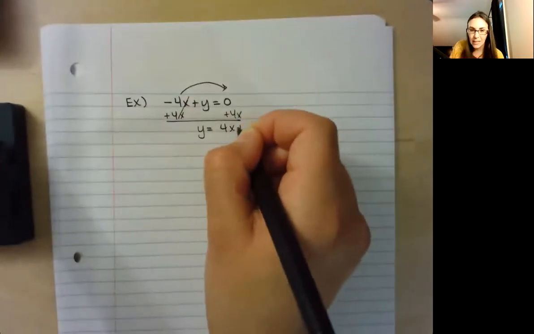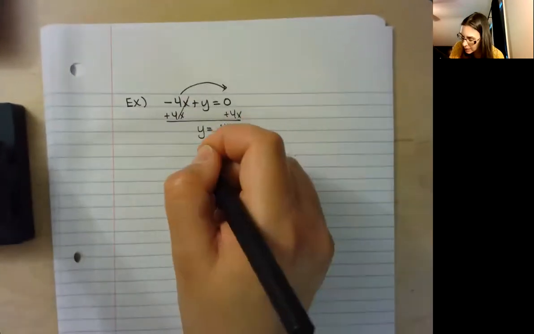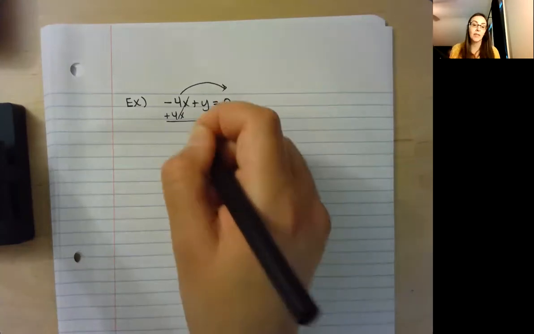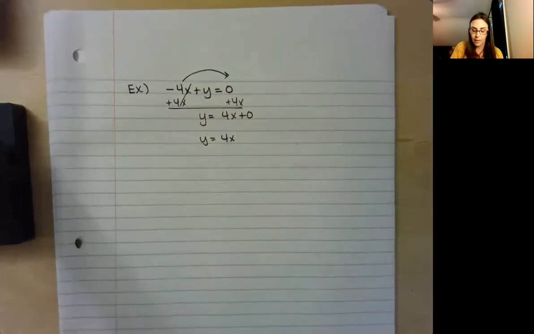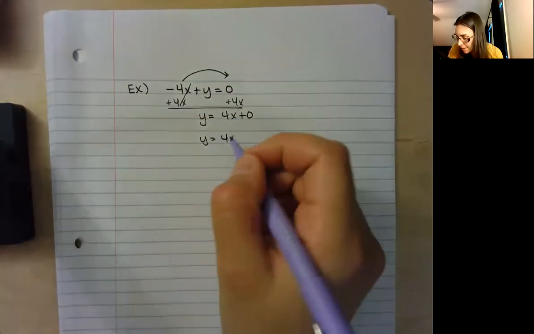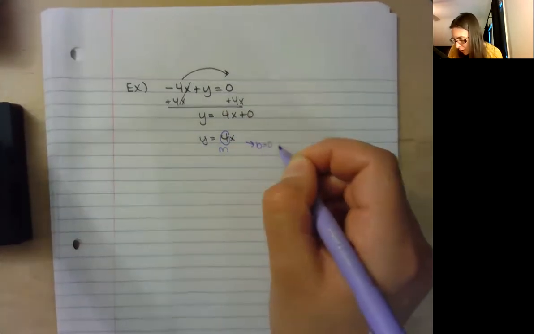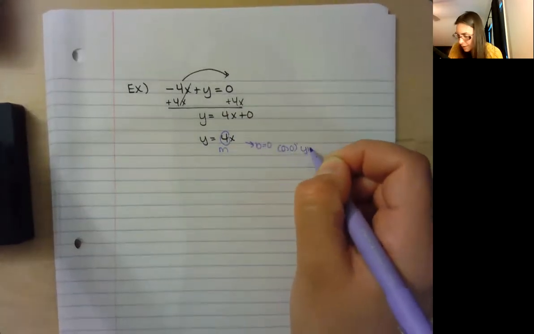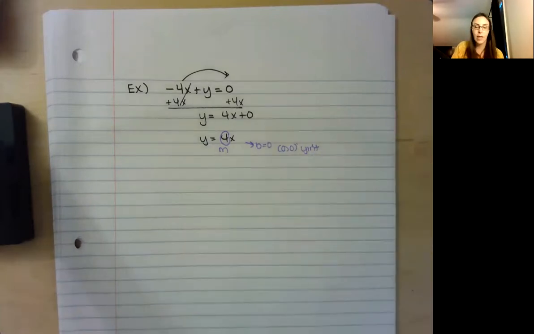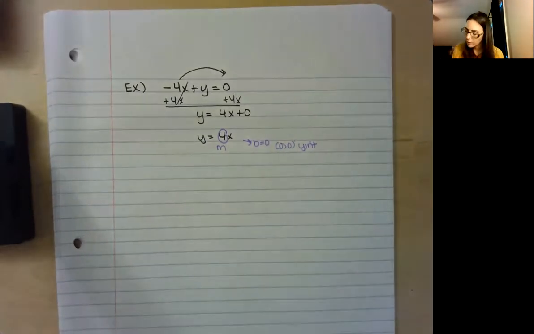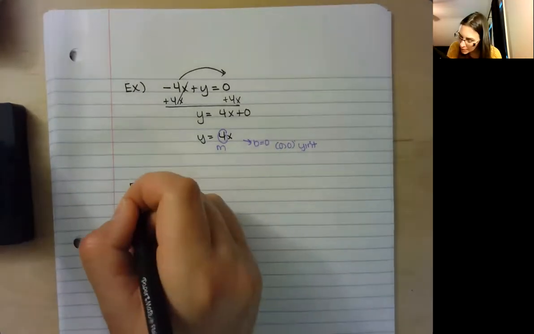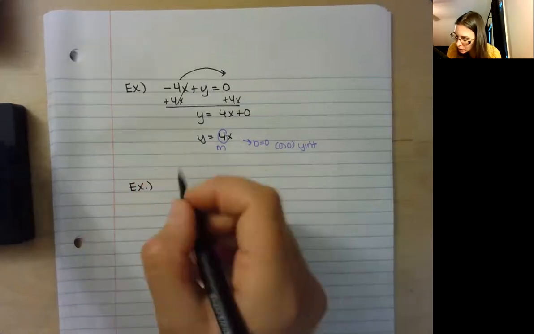I don't even really need the 0 there, so I can get rid of it. And here's one where I don't have to divide by anything, because the y is already by itself. So here is my m, and if there's nothing there, my b is 0. So my y-intercept is (0, 0). So we just have these 2 basic steps, but we may not always have to do both.